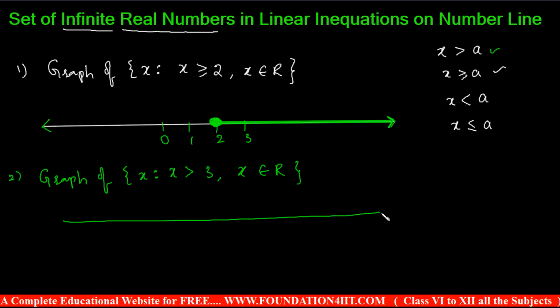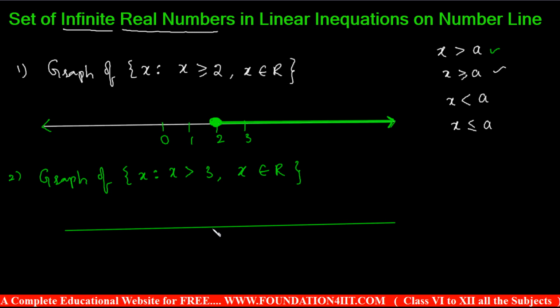In that case, let us see how to make it. Let us take 0, 1, 2, 3, 4, 5 and so on, and -1 on the other side. So 3 is not included, and because 3 is not included, as we discussed in the previous topic, we should keep only the open, hollow circle.